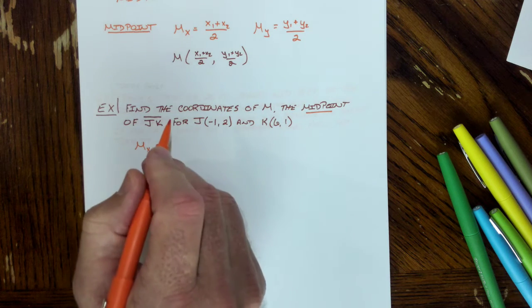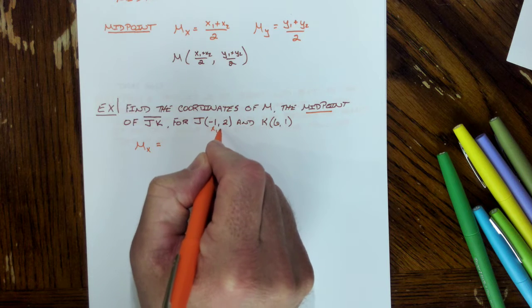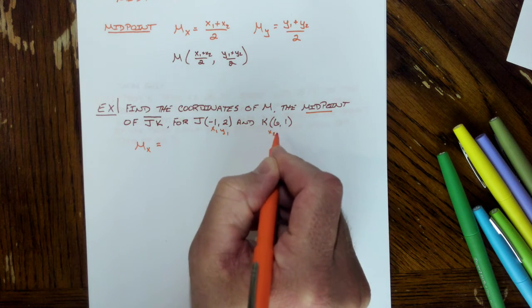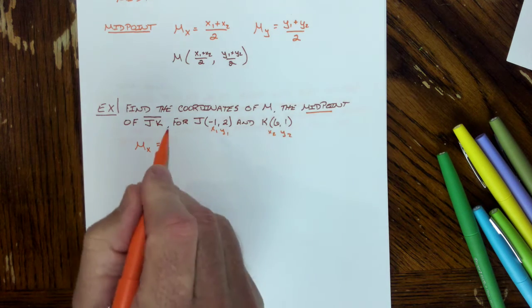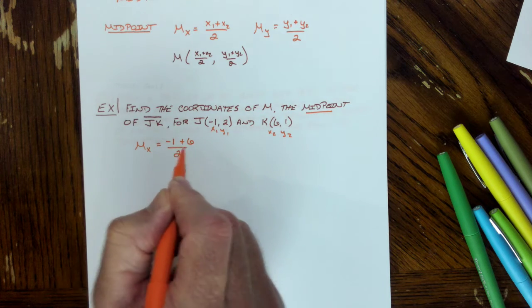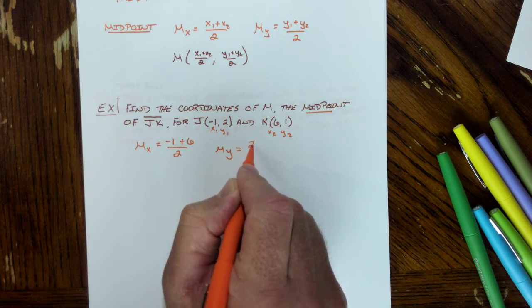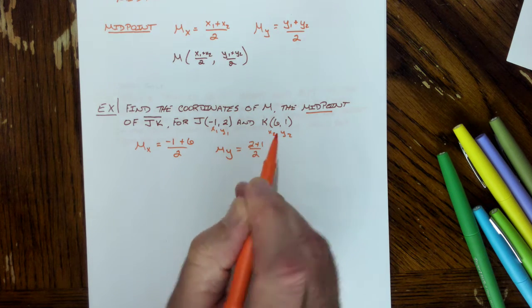So the value for the midpoint X is going to be, I'll go X1, Y1, X2, Y2. So I'm going to get a negative 1 plus 6 divided by 2. M sub y is going to give me 2 plus 1 divided by 2.